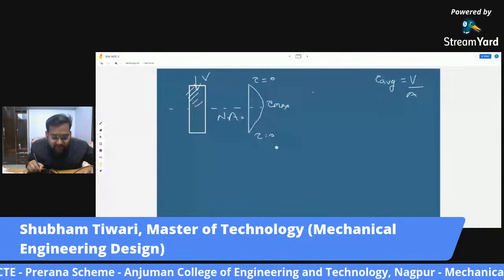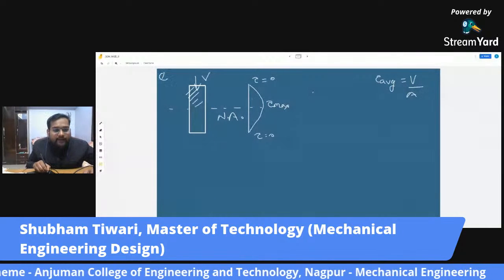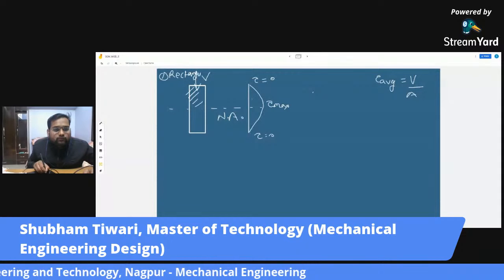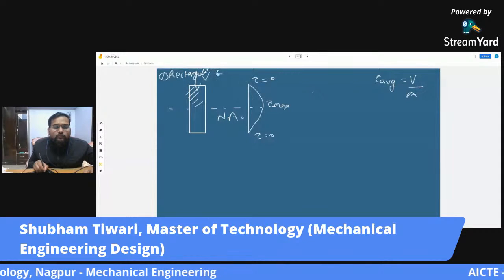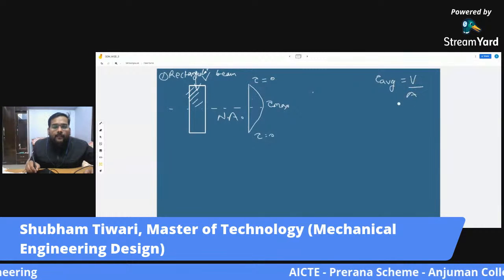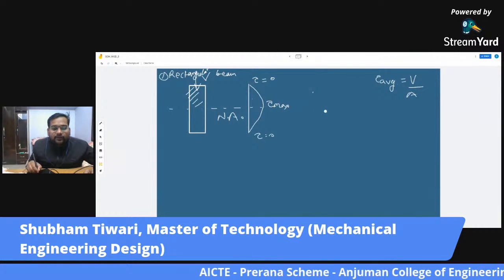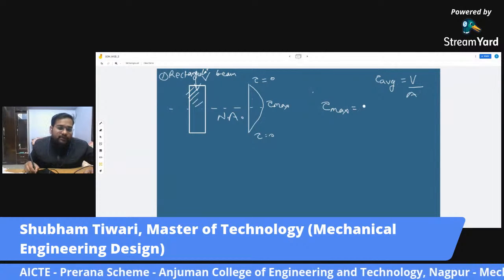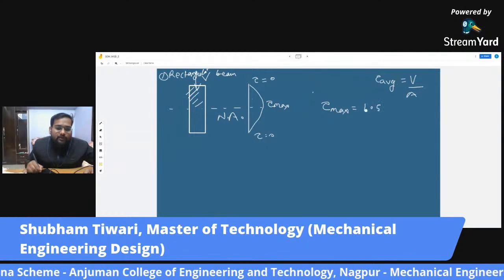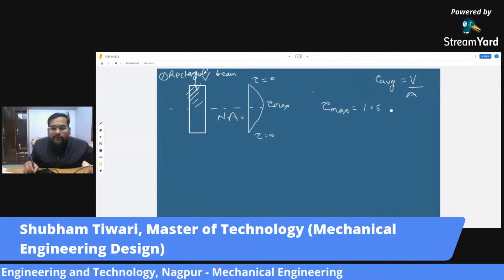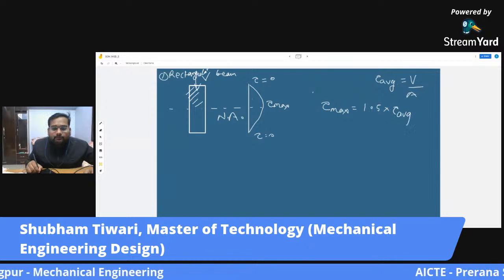This is how shear stress varies for a rectangular cross section. This is tau average and this is V by A. I will not go into the derivation part, but the maximum value of this shear stress is equal to 1.5 times the value of average shear stress.